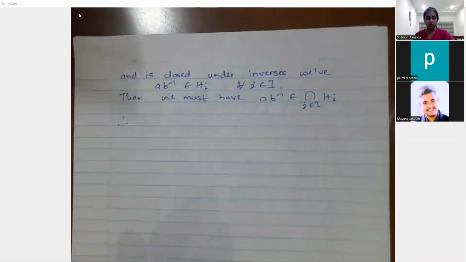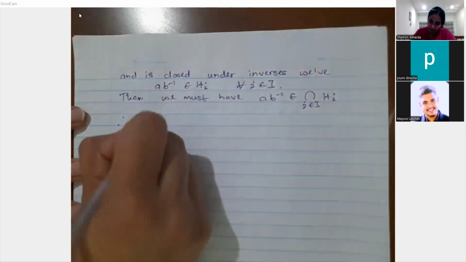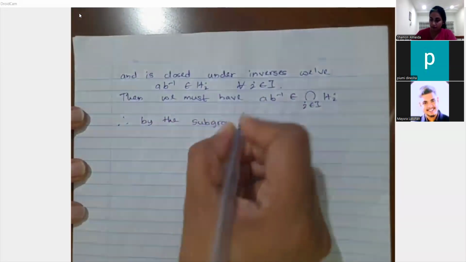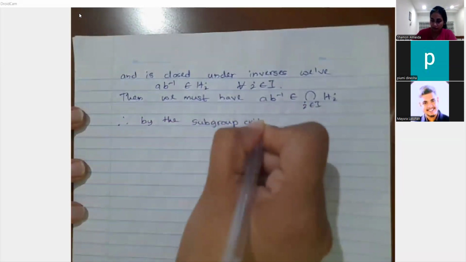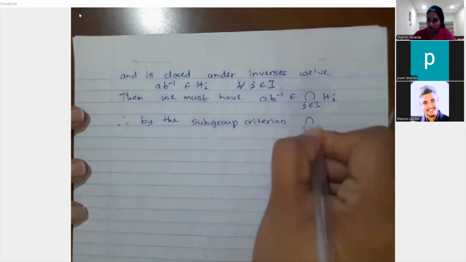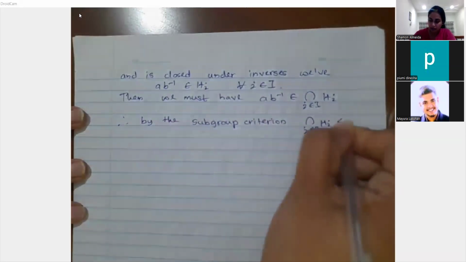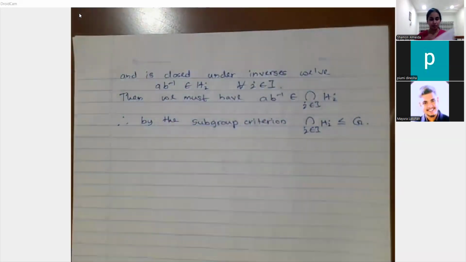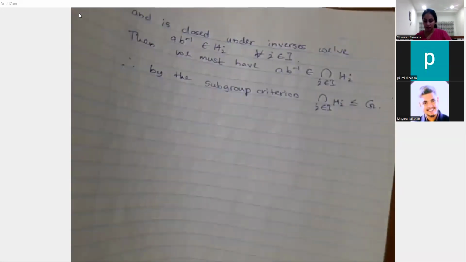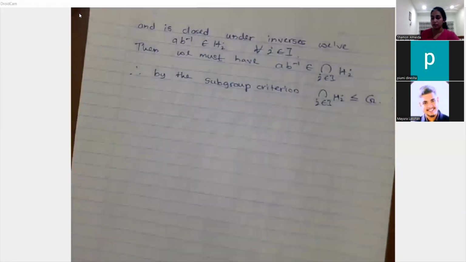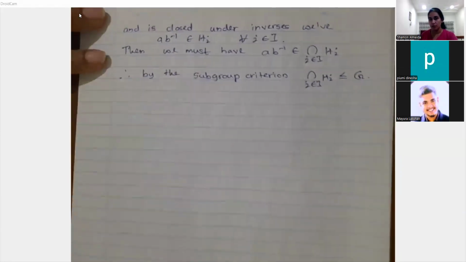Therefore, by the subgroup criterion, this intersection is actually a subgroup of G. Okay, right. Do you all have questions up to this point?